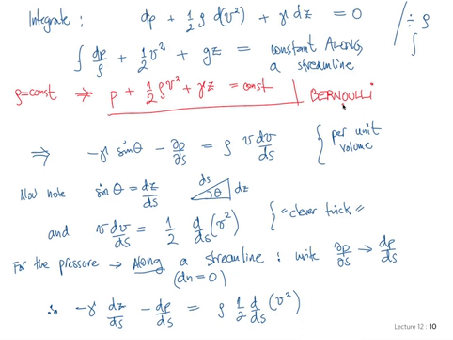Then we applied this one inlet, one outlet idea to a stream tube, reduced it to a very small tube, and then used that along a streamline without really being very rigorous. This is the more rigorous way.